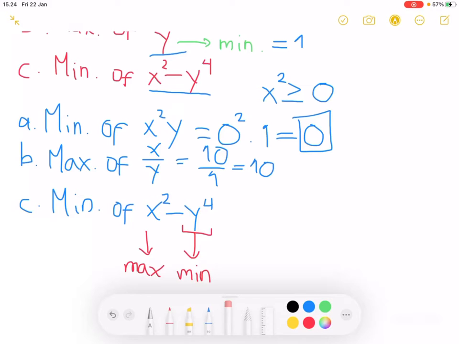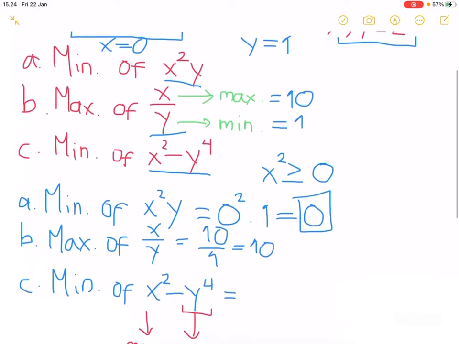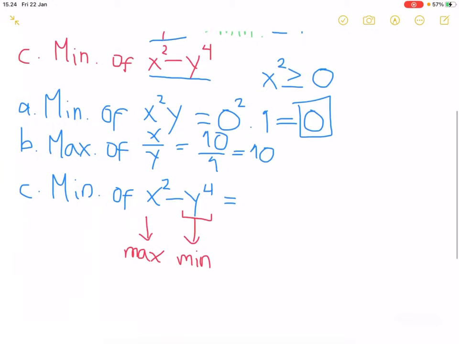So what we can do is choose a y value that is the smallest positive value possible, and then we'll have to choose a maximum value of x. So in this case, we're going to choose a maximum value of x which is positive 10.